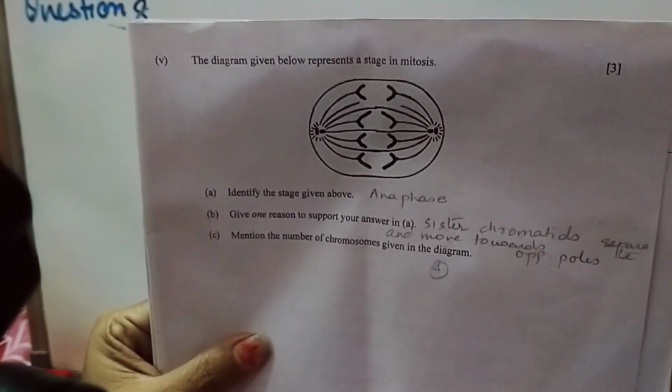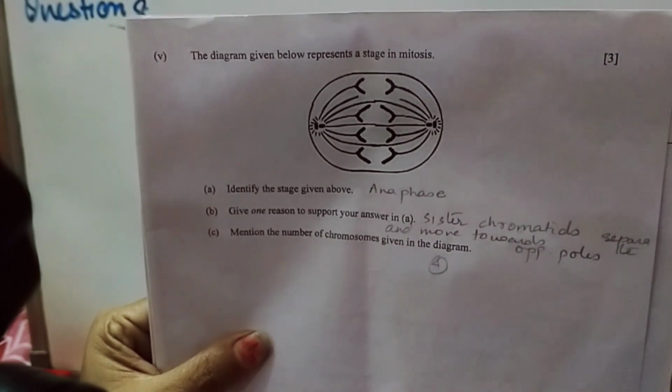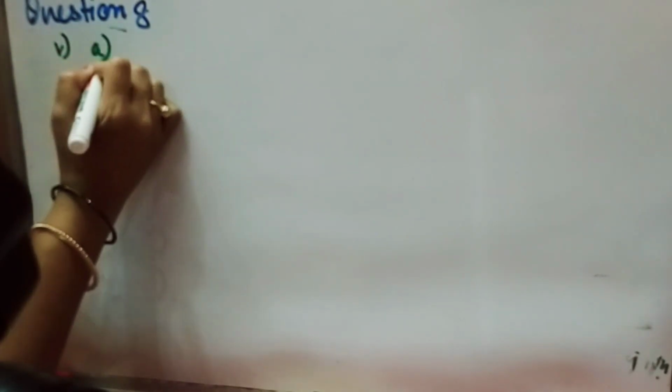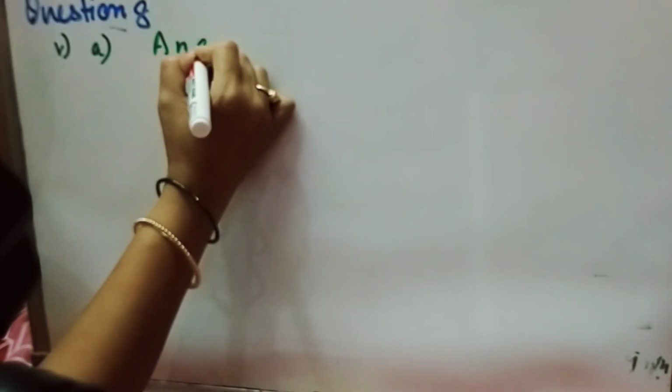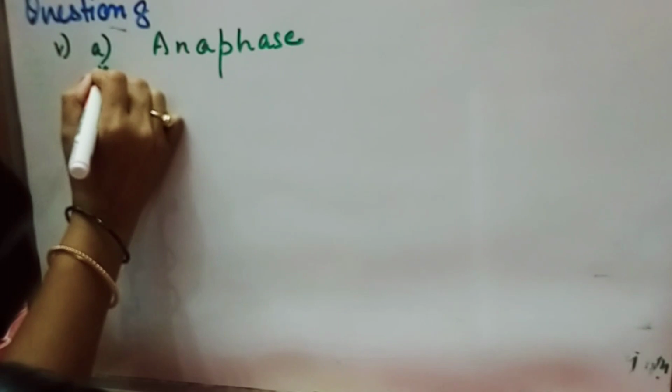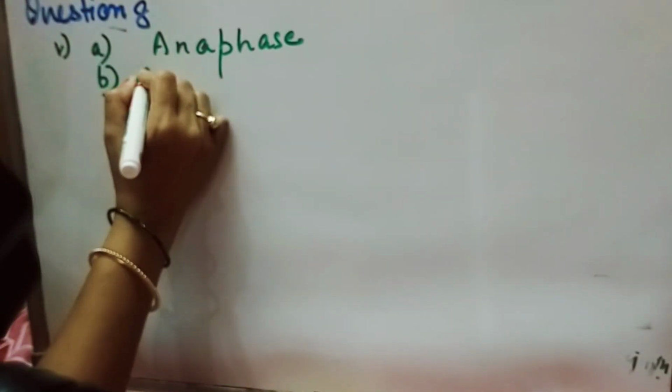Please see the diagram. The diagram given below represents a stage in mitosis. So the first question is of question number 5. Identify the stage given above. So that is anaphase. Second question of it. Give one reason to support your answer.